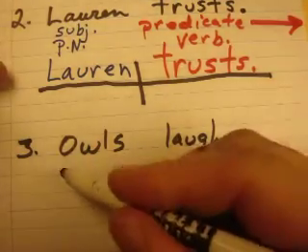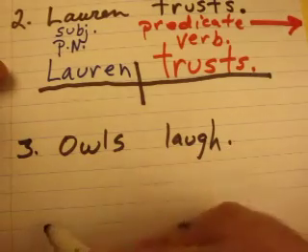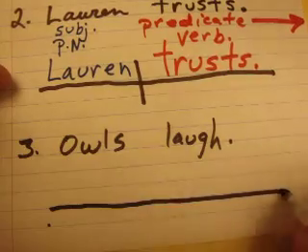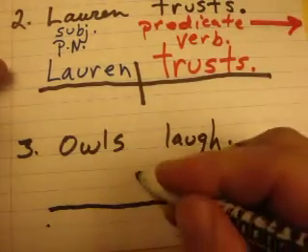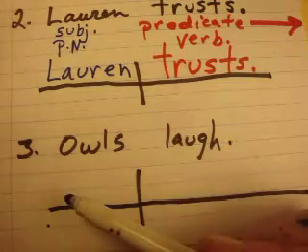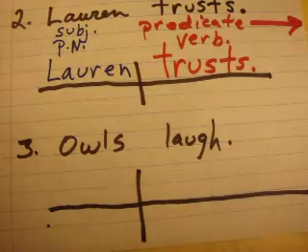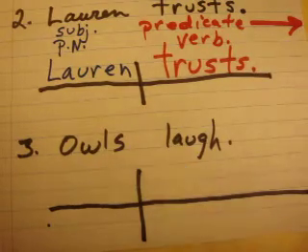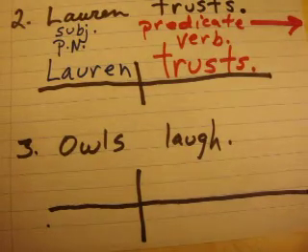Okay, I count down 1, 2, 3, 4, and I draw. I'm going to move up one. Sorry, kiddos. Draw a sentence line, and I separate the subject from the predicate. The subject goes on the left, the predicate goes on the right. Please put the words where they belong. Identify your subject, identify your predicate.